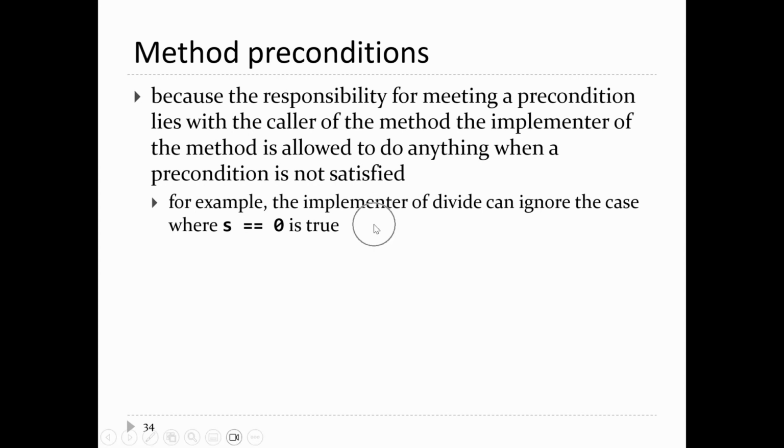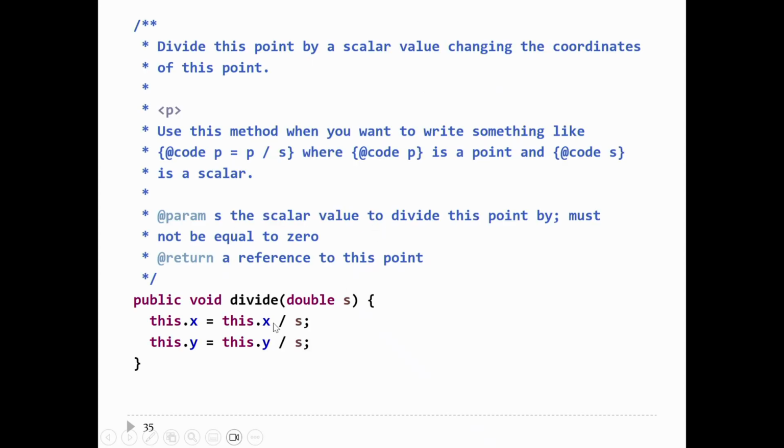So for example, you can simply go ahead and divide this x by s and this y by s, and then reassign the values back to this x and this y. So yes, there's a problem if s is 0, but you've told everybody, hey, it's up to you to make sure that the value of s is not 0. So this is one way that you could write this method. As the person implementing the method, you've satisfied your requirement to tell the caller that they must not pass in an illegal value.